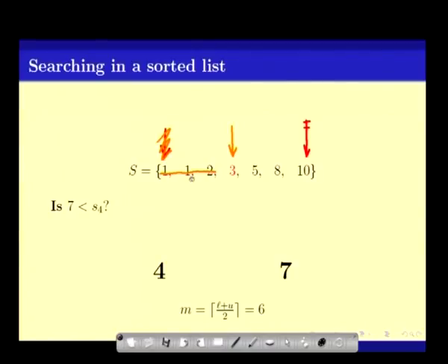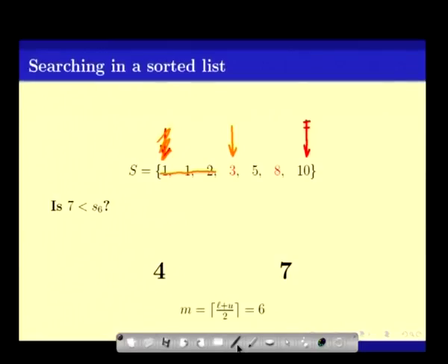So, 6 is 1, 2, 3, 4, 5, 6. So, the sixth element is the number 8 in our case, and we compare: is 7 less than S6? The answer is yes, 7 is strictly less than S6. What does it mean? It means that if 7 exists, it cannot be S6 or S7. Thus, we can safely erase anything greater than or equal to S6.